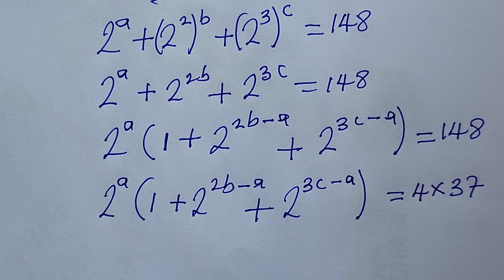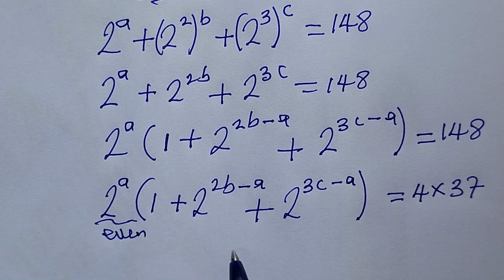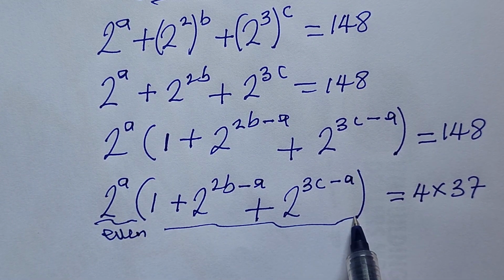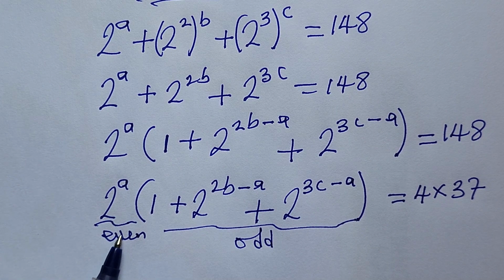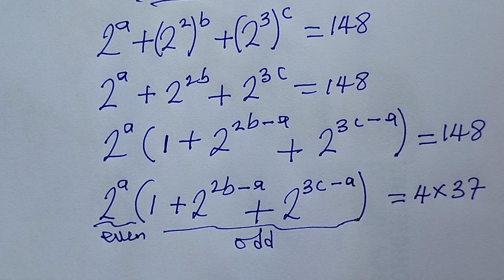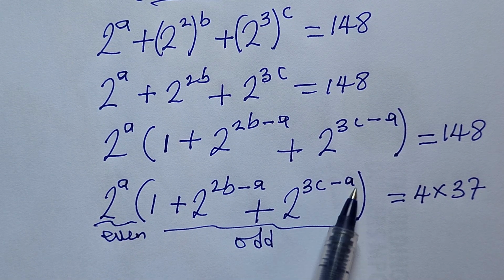Now let's look at this carefully again. If we look at the left hand side of the equation, we discover that this is going to give us even, right? This is even. Now if we look at what we have in here, this is going to give us odd. Why? If you have 2 raised to any number, that will give us even. And 2 raised to this will give us even, 2 raised to this will give us even.